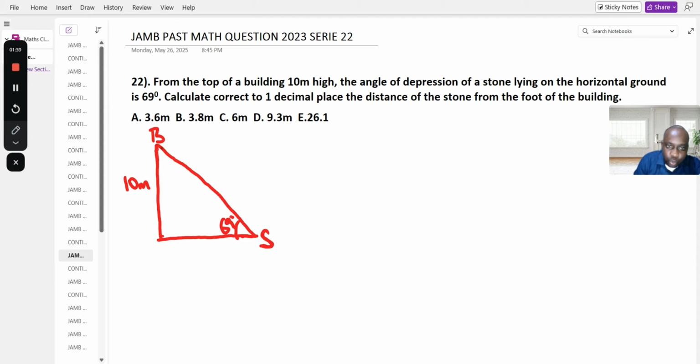The question now asks us to calculate, correct to one decimal place, the distance of the stone from the foot of the building. This is the foot of the building, let me call it F. The distance between the foot of the building and the stone, let me call it X. That is what we are looking for.